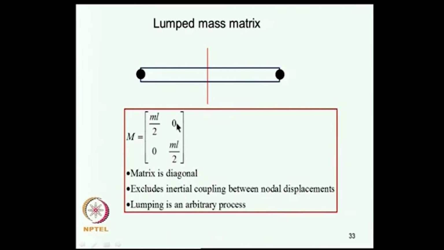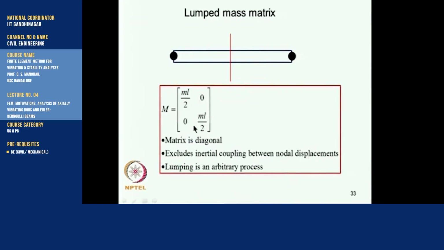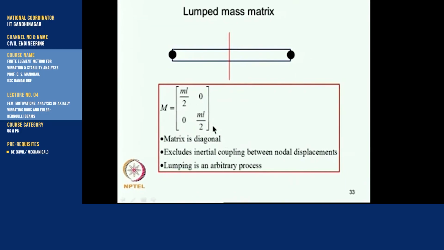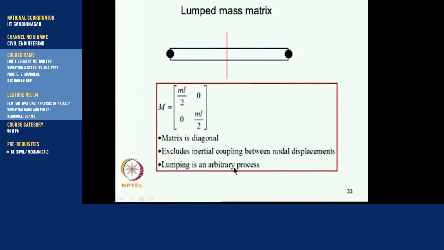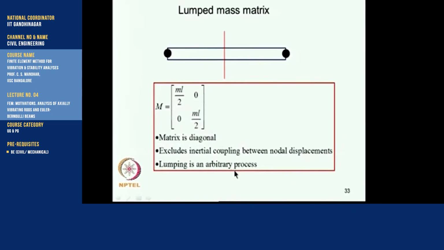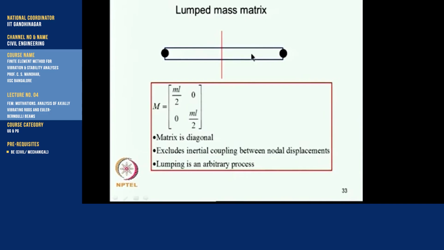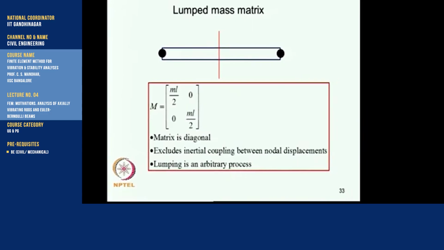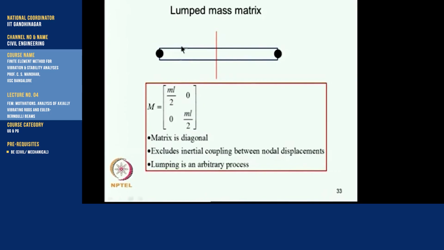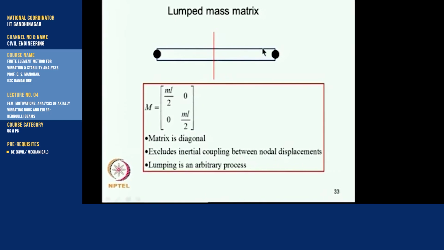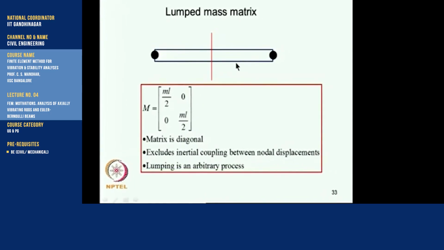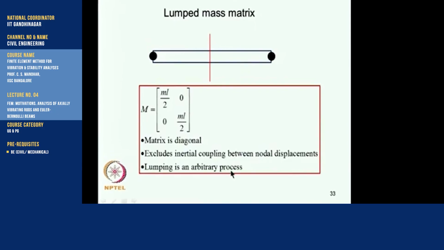The earlier formulation showed that these quantities are not 0, so obviously that coupling has not been considered in this formulation. Lumping is to some extent an arbitrary process. In this case it may seem intuitively acceptable, but when it comes to elements where there will be flexure, as we will soon see, lumping this mass matrix may not be straightforward.